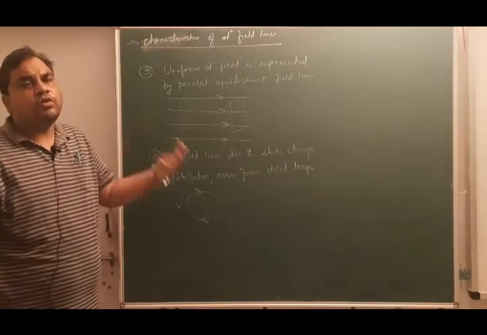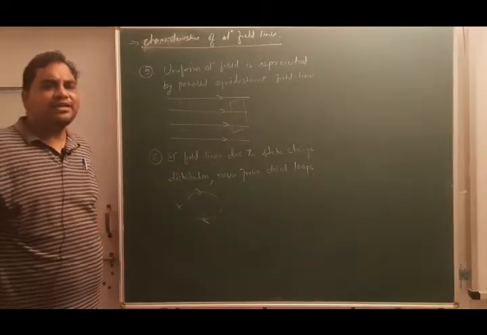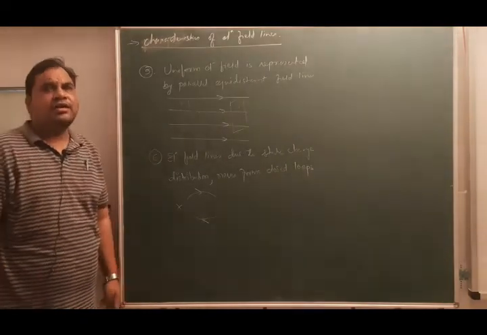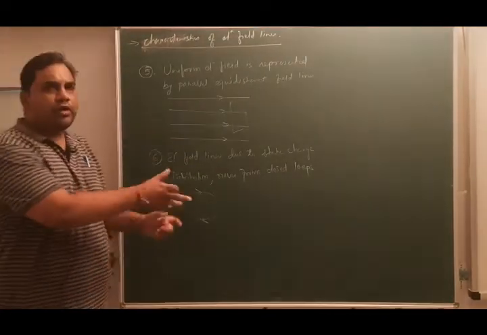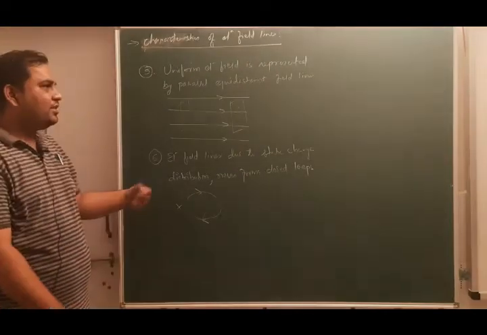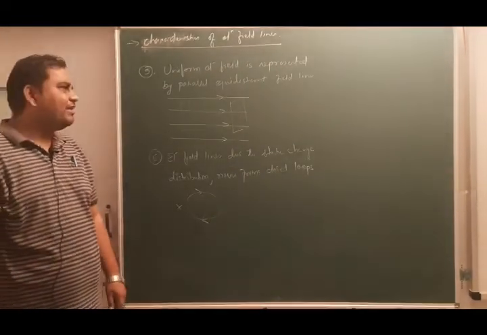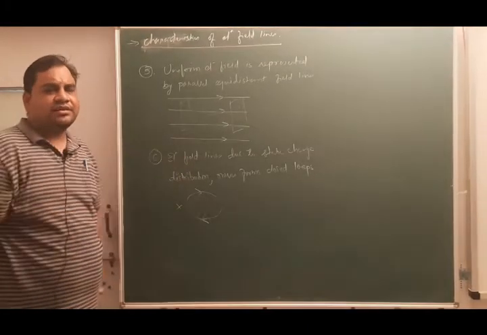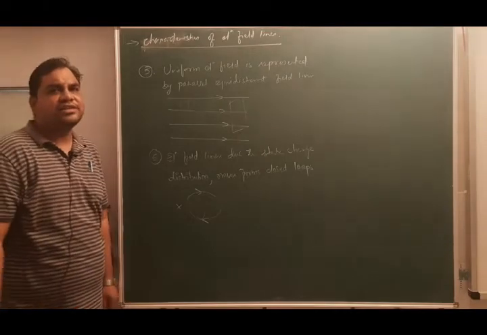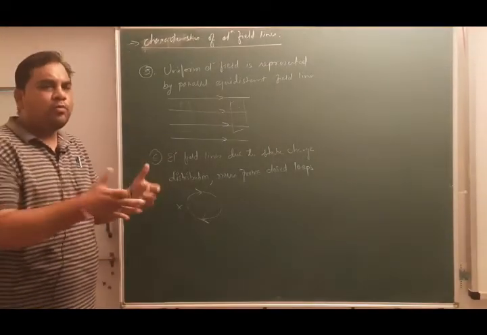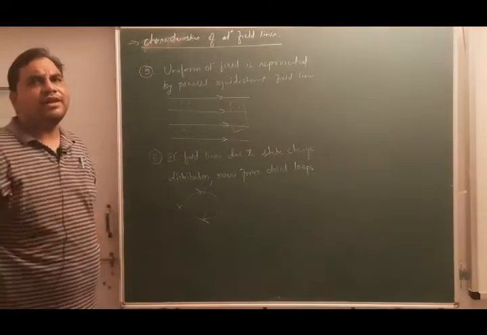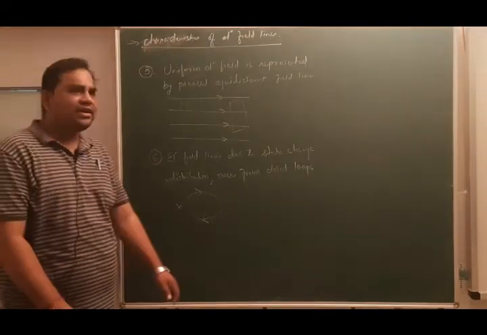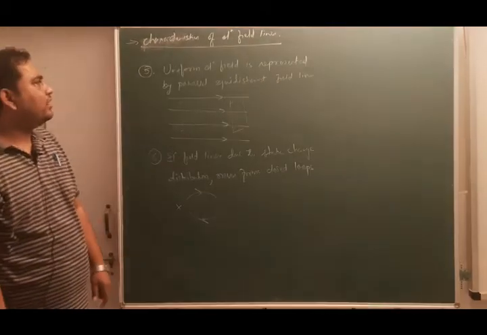Third point, no two electric field lines can ever intersect each other, because if they intersect, there will be two possible directions of electric field, and that is not in accordance with the definition of electric field. Then the fourth point, that density of electric field lines through given region gives you an idea of intensity of electric field at that point. So more is the density, larger the value of electric field. If density is lesser, we can say that electric field over there is probably weaker.